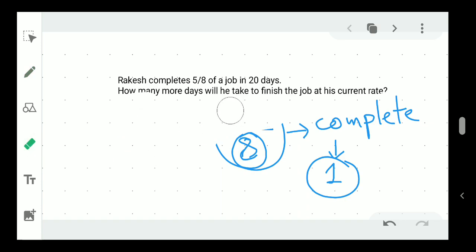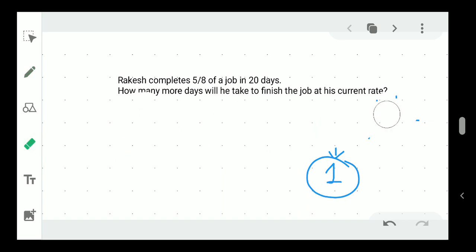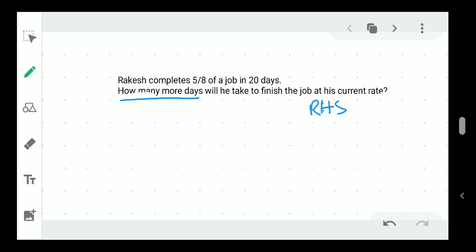So what we will write in this case, we will first write the sentence. Now you can see what you have to find out: how many more days, that means days. Whatever you have to find out, you have to write on the right hand side, right? So on my right hand side, I will write the days.